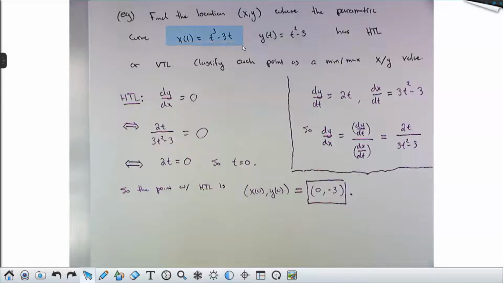Plugging 0 into the x equation gives me 0 cubed minus 3 times 0, that's 0. So x of 0 is 0. Plugging 0 into the y equation up here gives me 0 squared minus 3, that's negative 3. So y of 0 is negative 3. So we solve this equation, we get t equals 0. We plug t equals 0 back into both of these, that gives us our point.